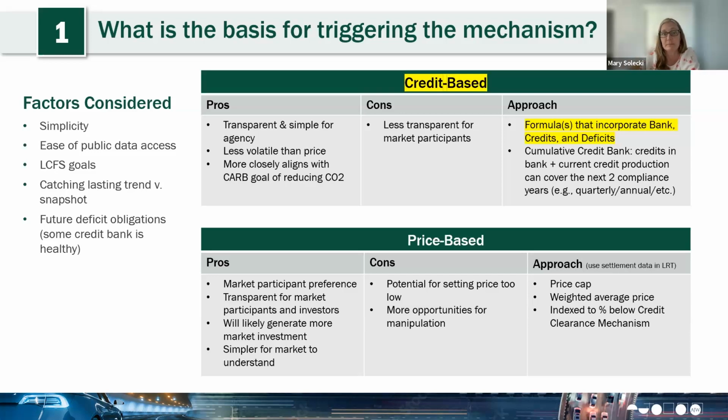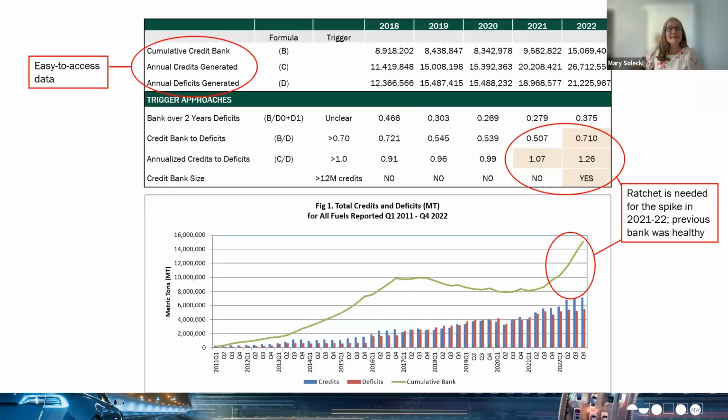Next slide, please. So utilizing data that is very easy to access by all market participants, there's a lot of formulaic approaches, and we did a little bit of backcasting here to see how such a trigger might have behaved in recent history, especially in 2021 and 22, when the credit prices were low and it was apparent that the targets could have been more stringent.